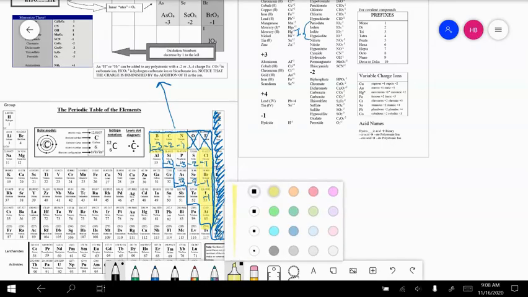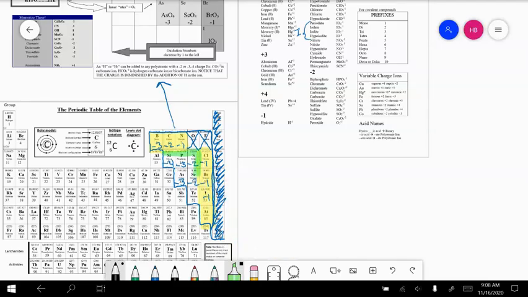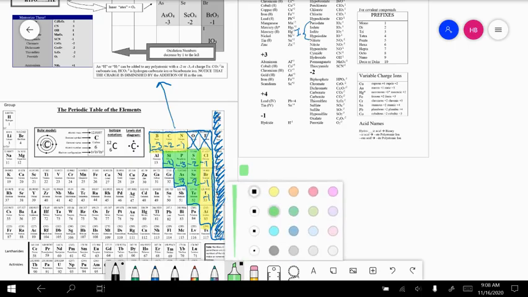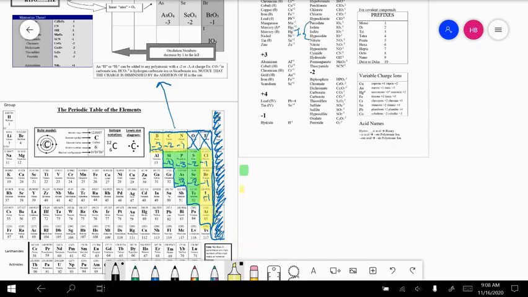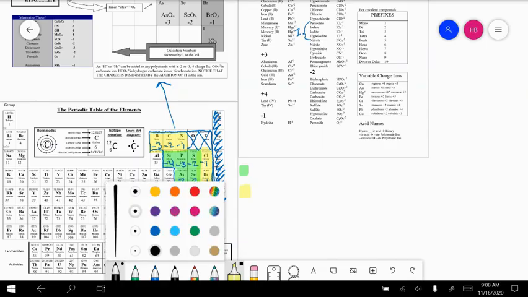These are the outies. The inside of the nonmetals are these guys right here. So the green guys have 4 oxygens on their ATE version. The yellow guys have 3 oxygens on their ATE version.